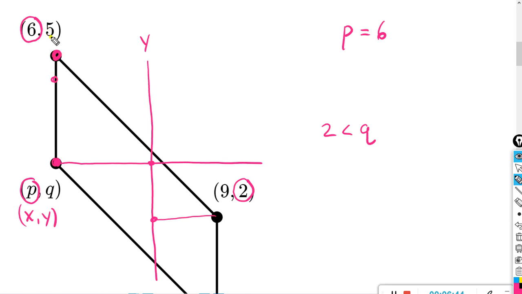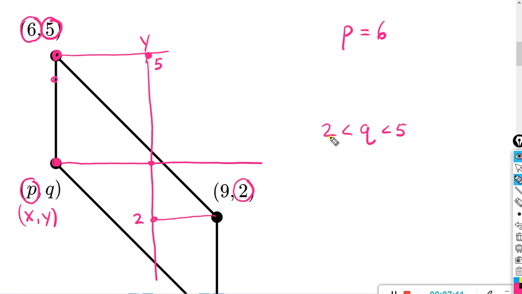Now if you look at this point right here, this one is at y equals 5. So obviously point Q right here is going to be less than 5. All right.